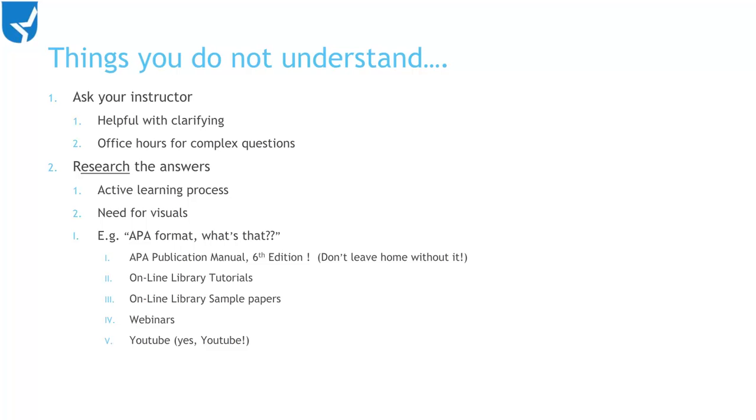Now, the other way to find your answers is doing research, and this is a great opportunity to work those research muscles. Research is an active learning process, and so you're going to learn a lot more by doing research than by simply going to your instructor.